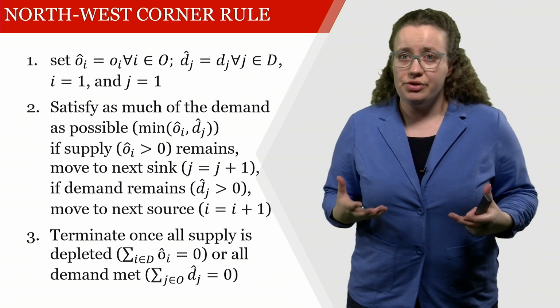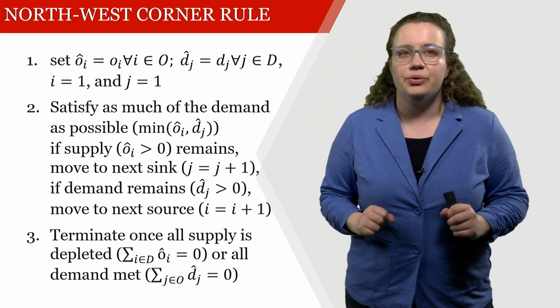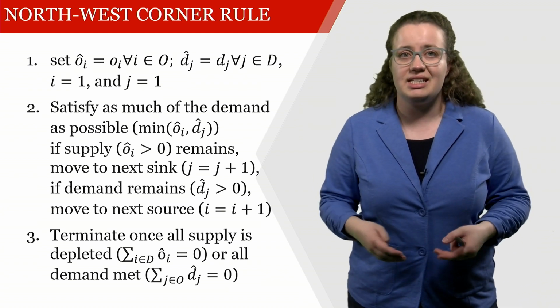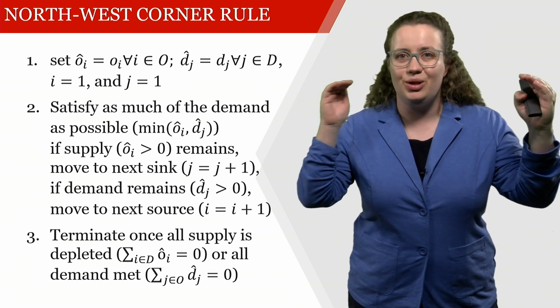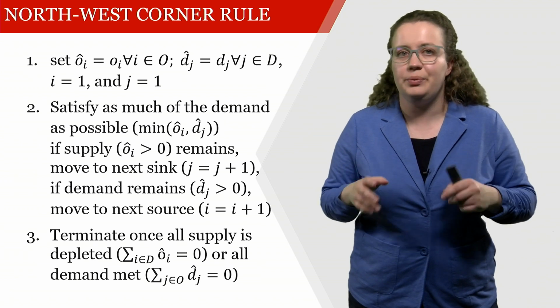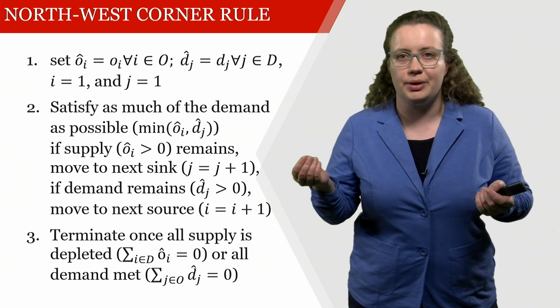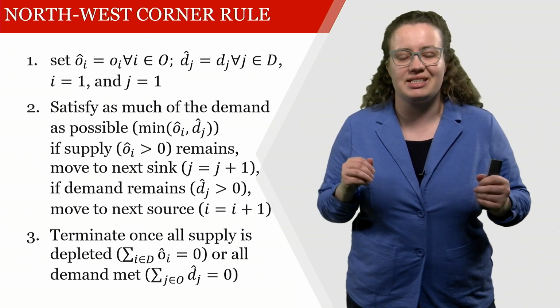So the first heuristic that we're going to look into is the so-called northwest corner rule. So the first thing that we're setting is we're setting all supply and all demand to the actual values, and then we say we're starting with i equals 1 and j equals 1. And I promise you this will become a lot clearer once we actually look into the example.